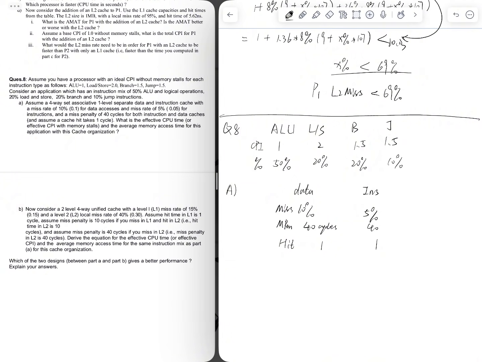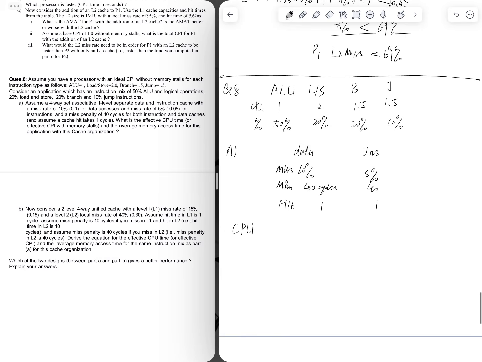And AMAT, right? So we need to calculate CPI and AMAT. Firstly, let me get the CPI. You remember the CPI is contributed by each kind of instruction. So firstly, we want the ideal CPI.